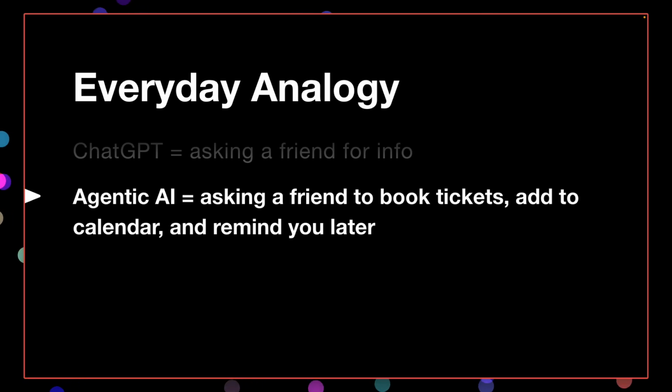Can you see the difference? In traditional AI, it's just about the information, but agentic AI goes a step further where it can plan, execute the task, remember the context, and at the end, perform the action. So that's the difference between answering a question and actively solving the problem given to us.